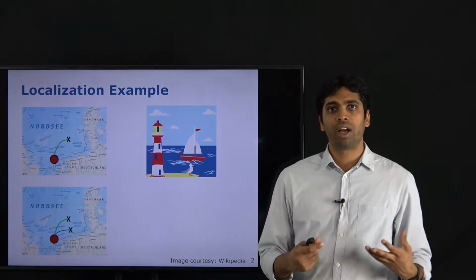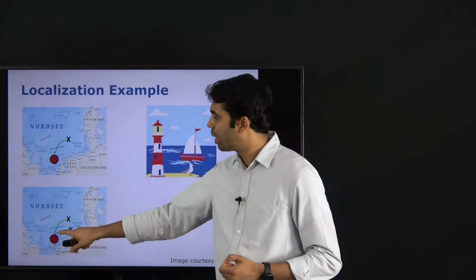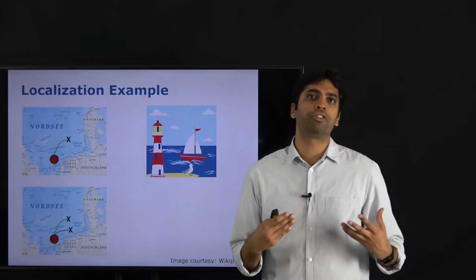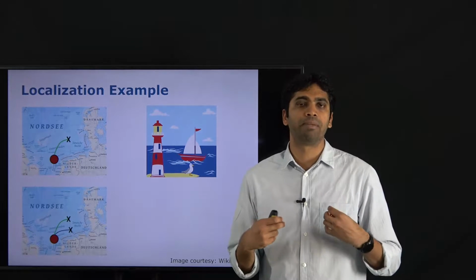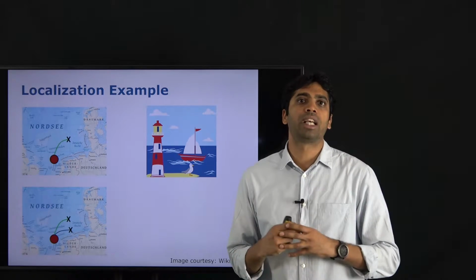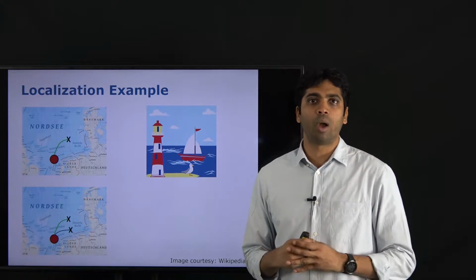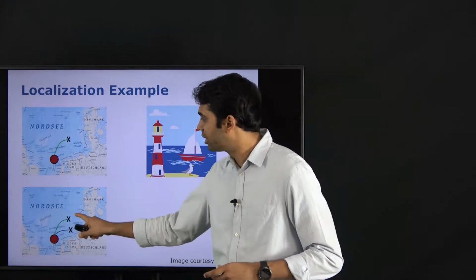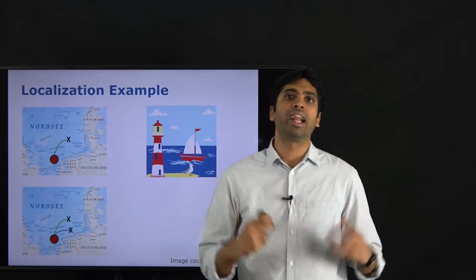So what we have now is two estimates, one coming from the motion and one coming from the measurement. Each of them has different uncertainties associated with it. For example, if you have a higher uncertainty on the motion, then we know we have this particular estimate with a greater uncertainty.